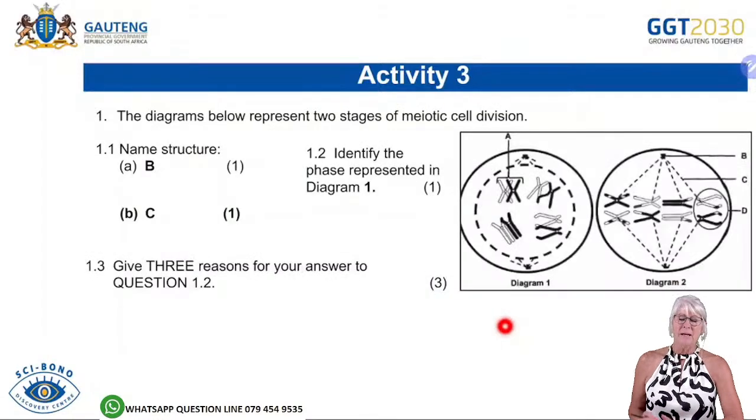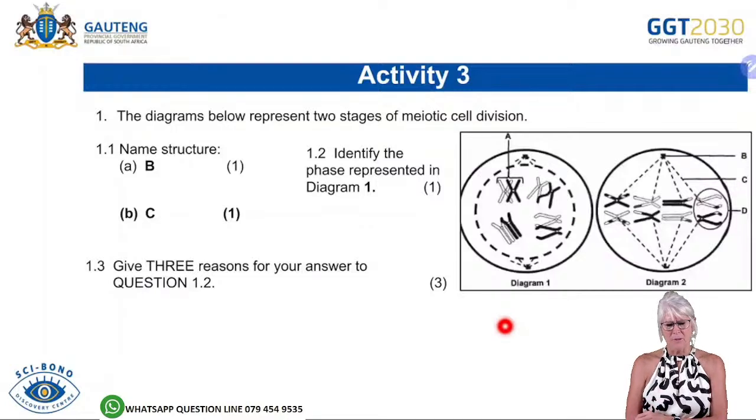Okay, so now what I'd like to remind you is that for meiosis, examiners love to give diagrams. All of these questions come off past papers, some of them even from last year.